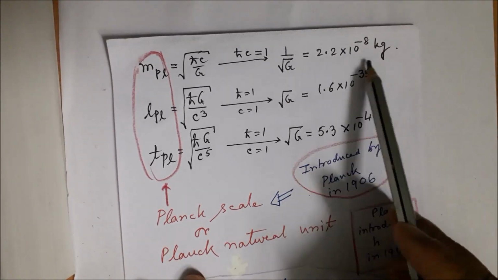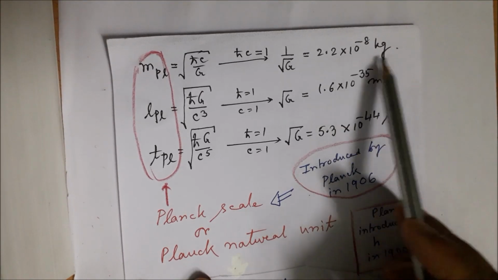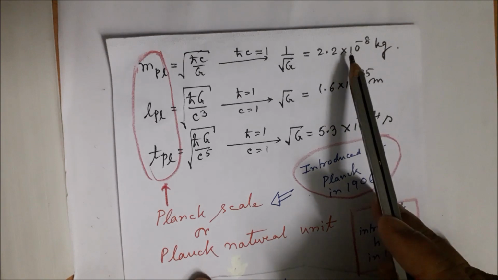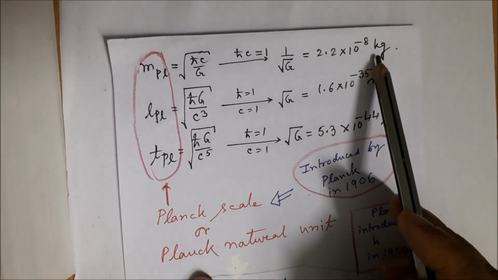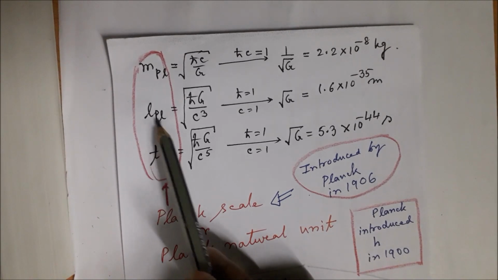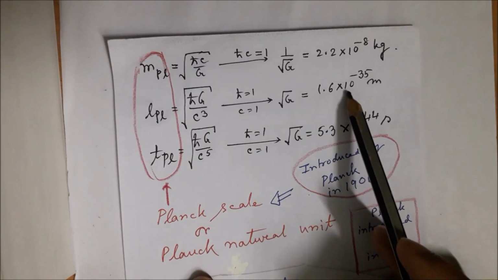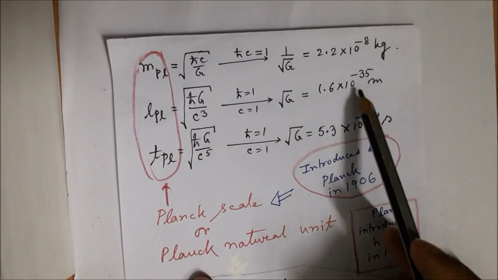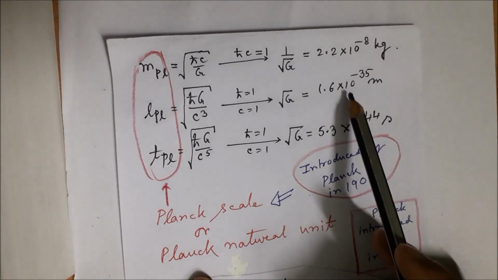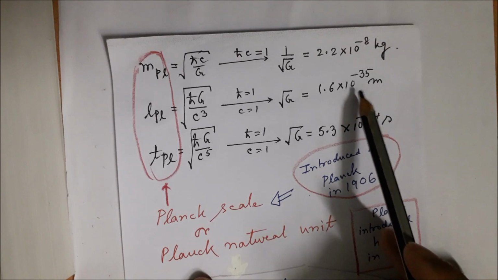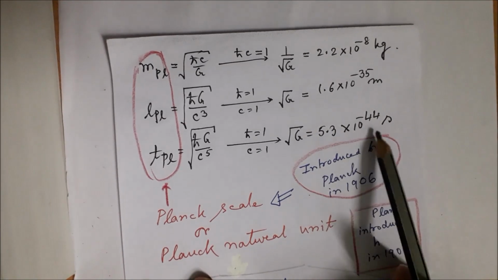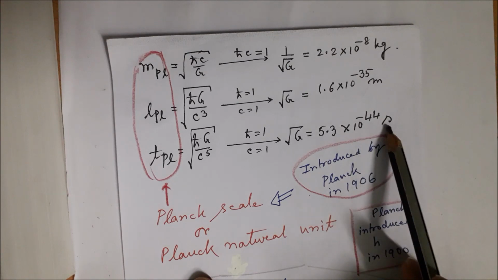Now this value shows it is a massive value. It is 10 to the power 19 times larger than a proton mass. But on the other hand, this L_PL, that is Planck length, which is 10 to the power minus 35 meter, is 10 to the power 19 times shorter than a proton diameter. And this time is extremely short, being 10 to the power minus 44 seconds.